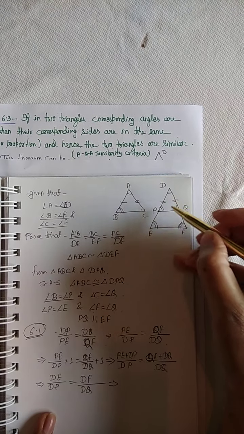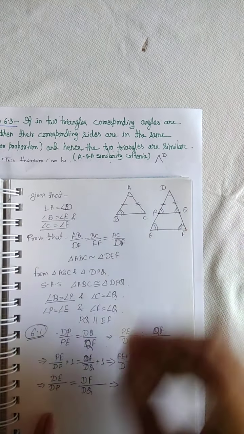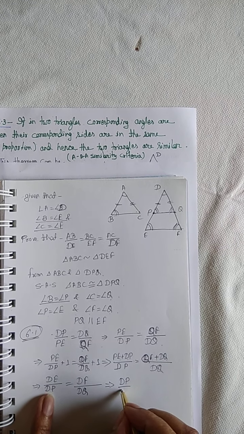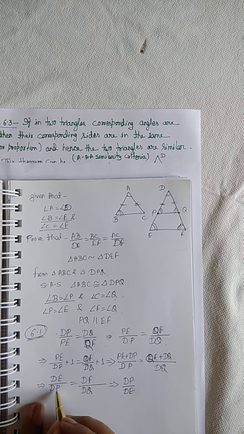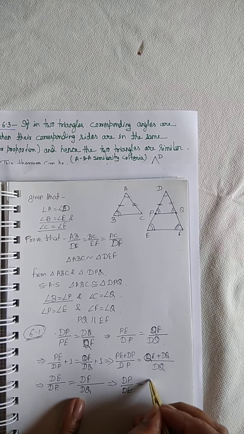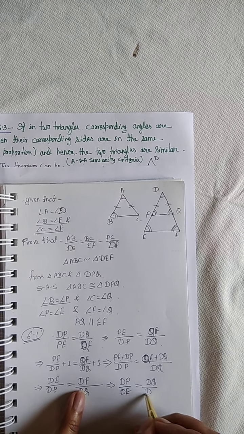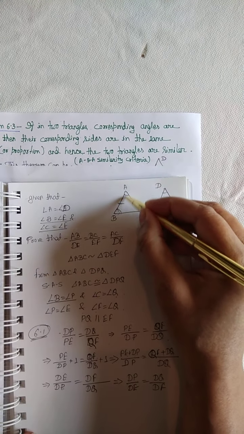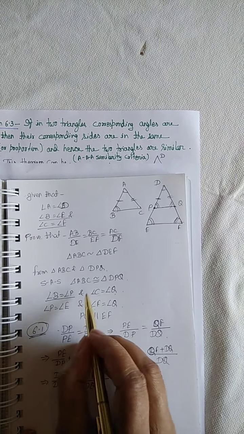Okay. So now we can again make it opposite, like DP by DE equals DQ by DF. Fine. So what is DP? DP is AB as per our construction.